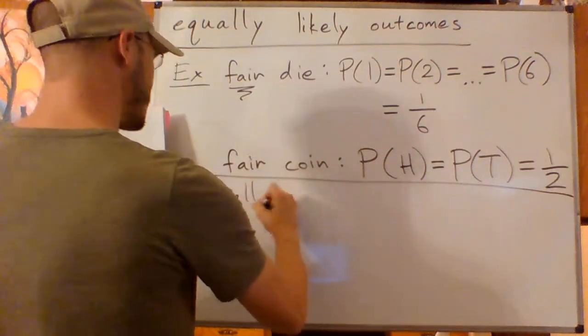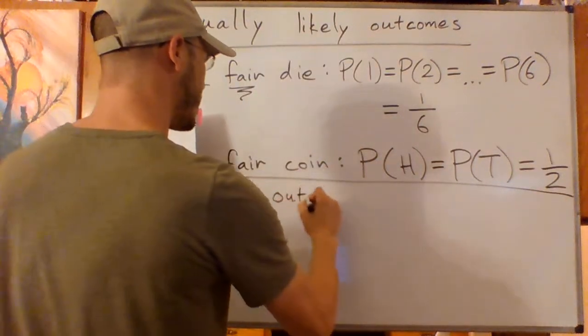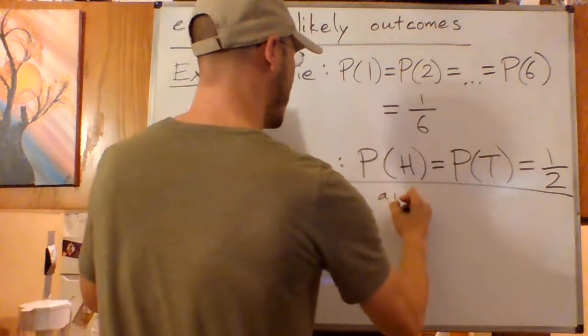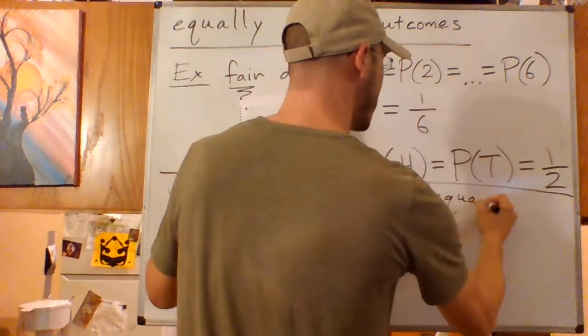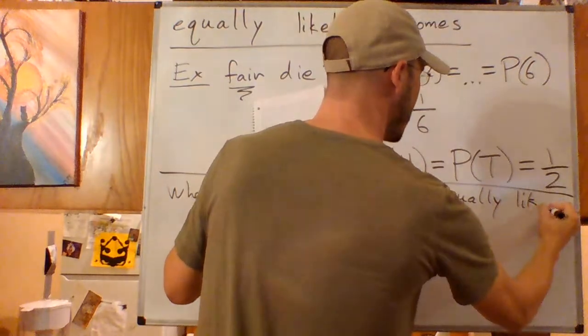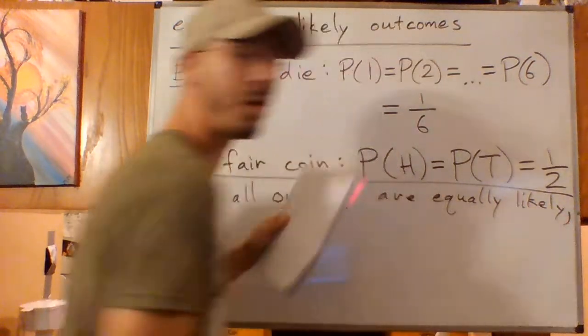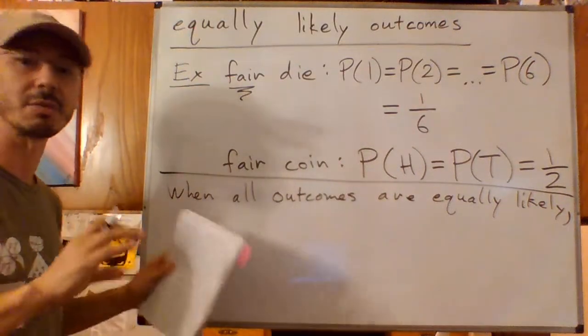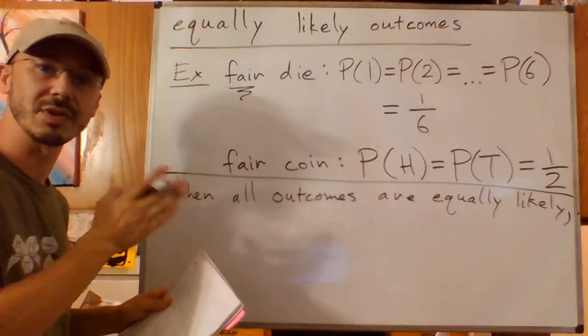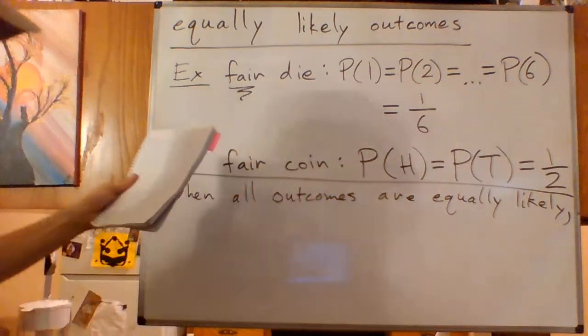And here's an equation that describes, in terms of the numbers of equally likely outcomes, when all outcomes are equally likely, and by that I mean all outcomes in the sample space, everything that can possibly happen, each one of those outcomes is equally likely.